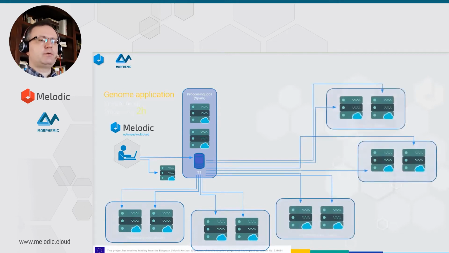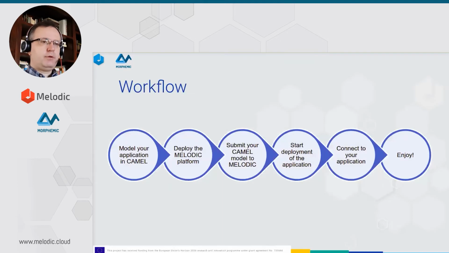So Melodic automatically adds new resources, and the new time to finish is below 1 hour. Also, the costs are optimized to have a balance between processing time and cost. And of course, after the deployment finishes, Melodic removes all of the cloud resources.